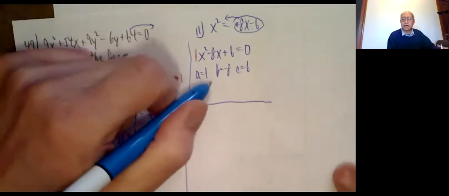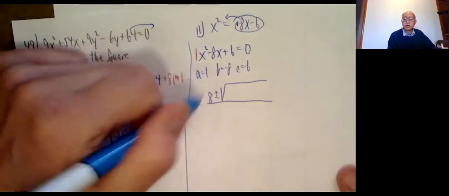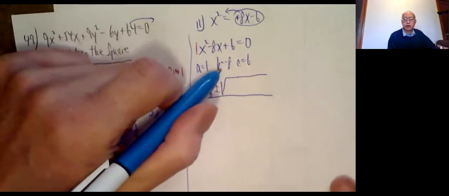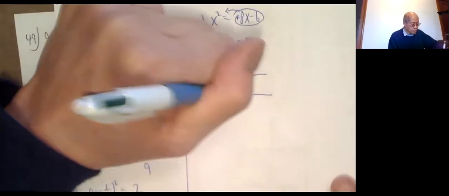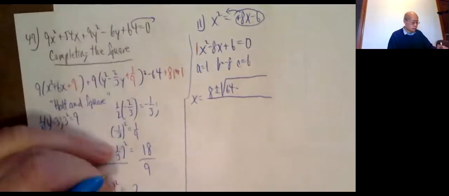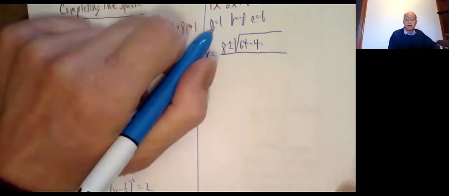Okay, negative B, positive 8, plus or minus the square root of B squared. What is negative 8 squared? 64. Minus 4AC: 4 times A, which is 1, times C, which is 6, all over 2A, 2 times 1.